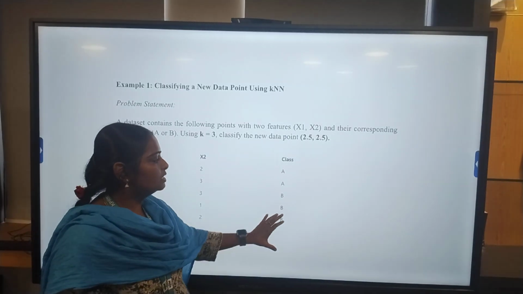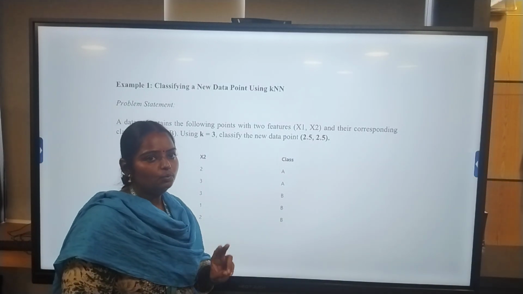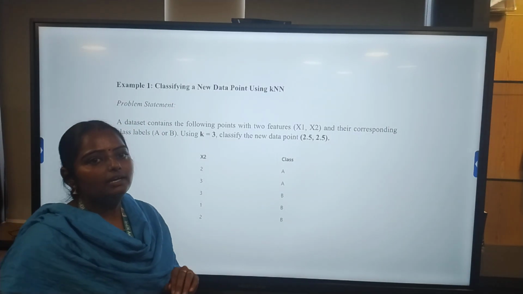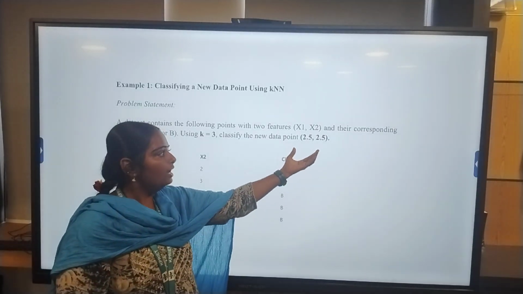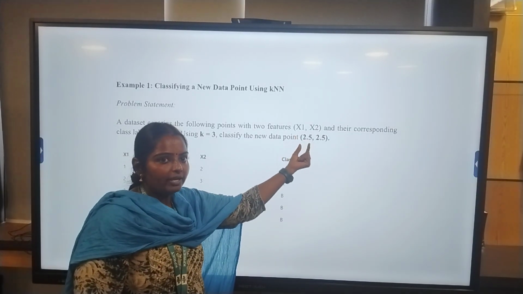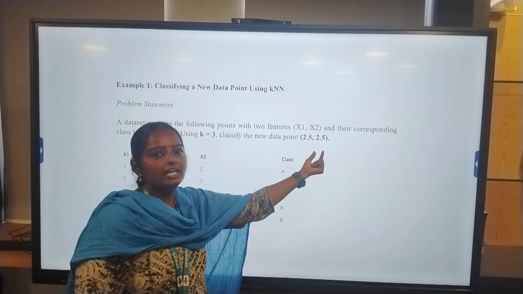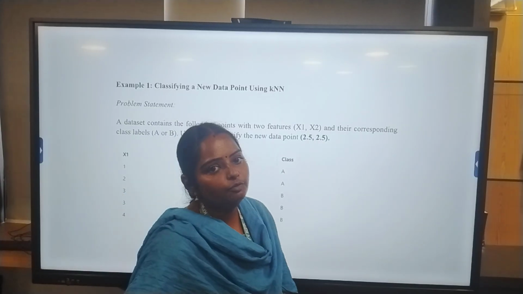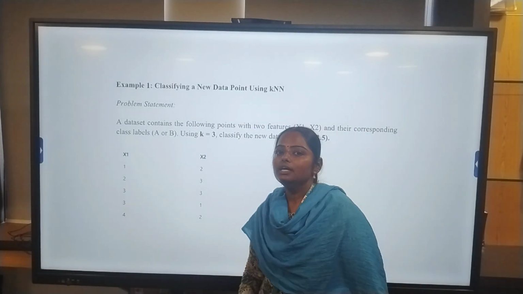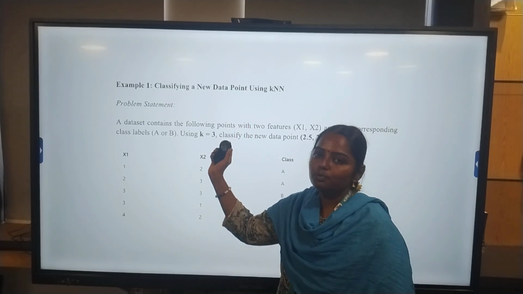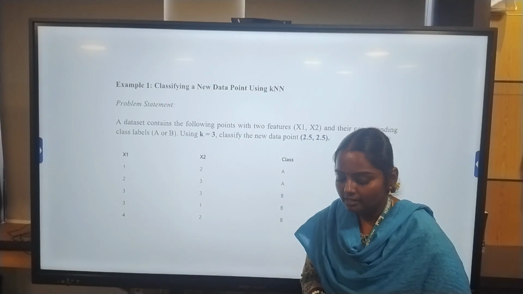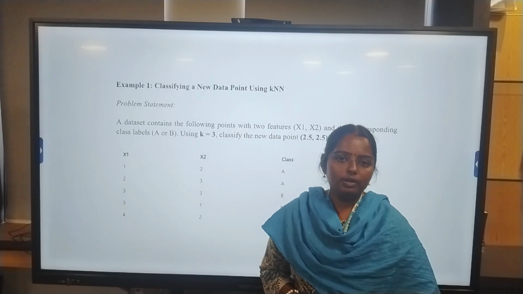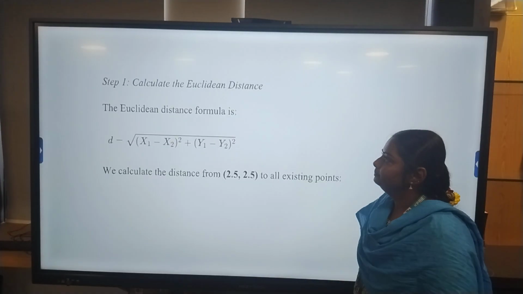The class information presented here is two classes, class A and class B. My requirement is to tell whether the point with 2.5 in x1 and 2.5 in x2 belongs to class A or class B. We have to find that out with the K nearest neighbor algorithm, KNN, which, as I told you earlier, is one of the most popular algorithms in machine learning.